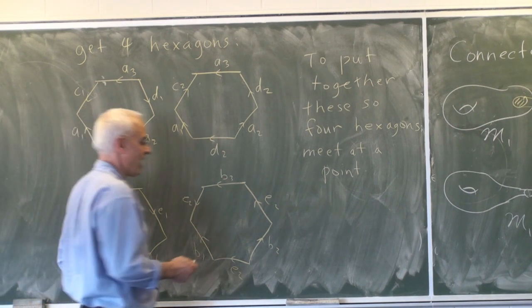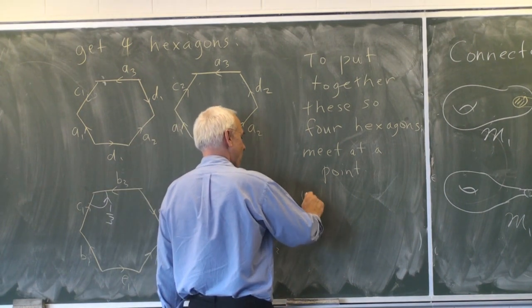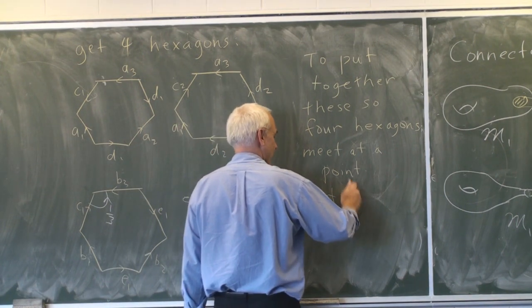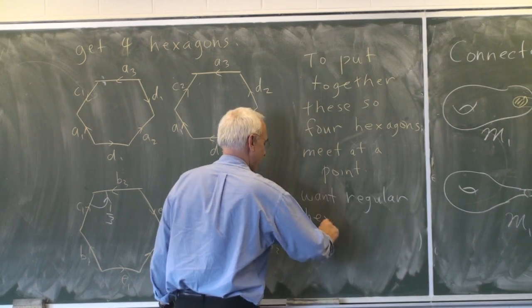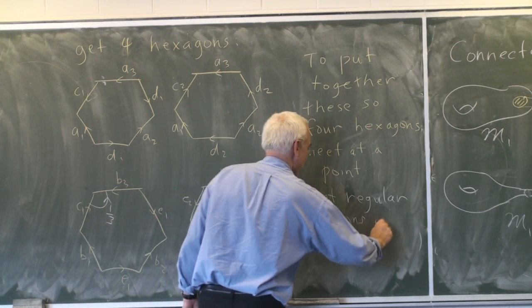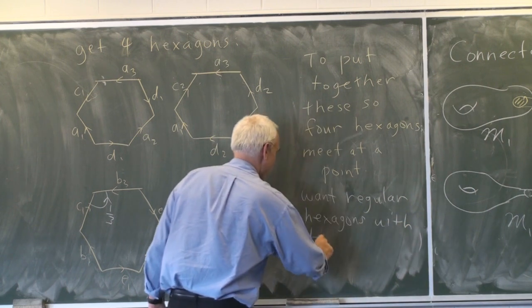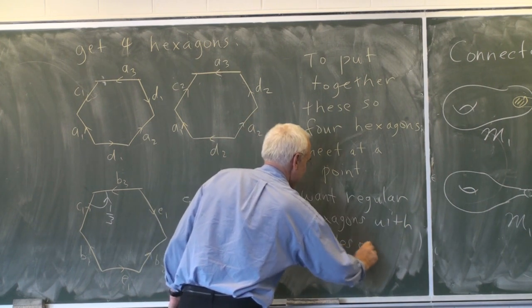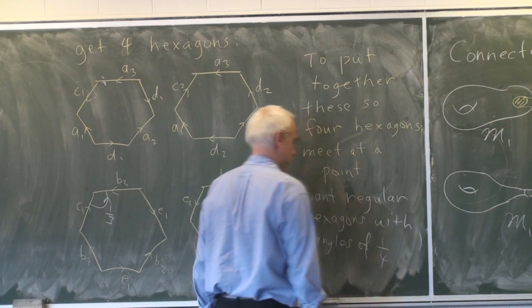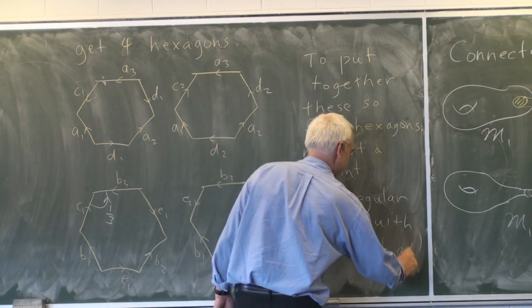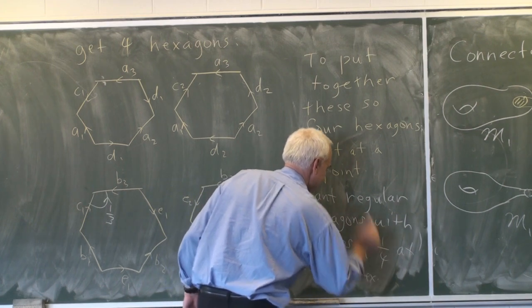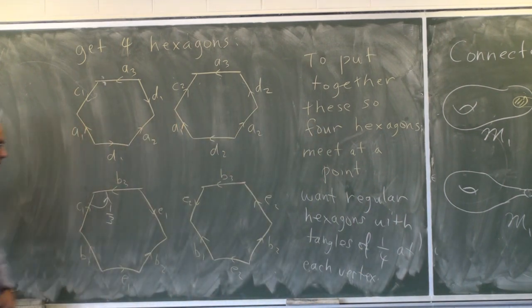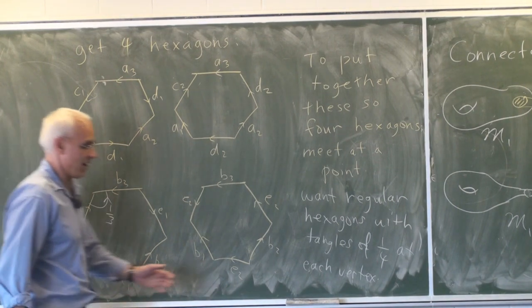So what we perhaps like to have is regular hexagons with tangles of 1/4 at each vertex. Such a thing is not possible in Euclidean geometry, but it is possible in hyperbolic geometry.